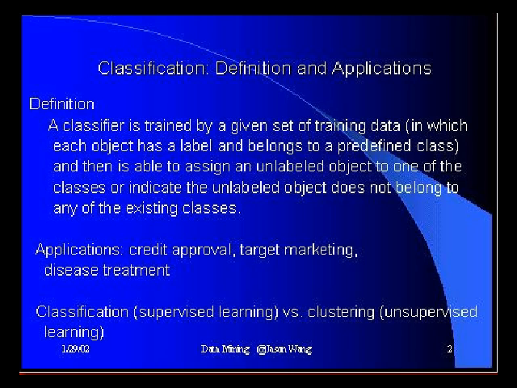And then make decisions regarding whether the credit card should be granted or not, or whether the credit should be approved or not. Okay? So based on the data entered by this potential customer, the classification program is able to classify this customer into one of the existing classes.